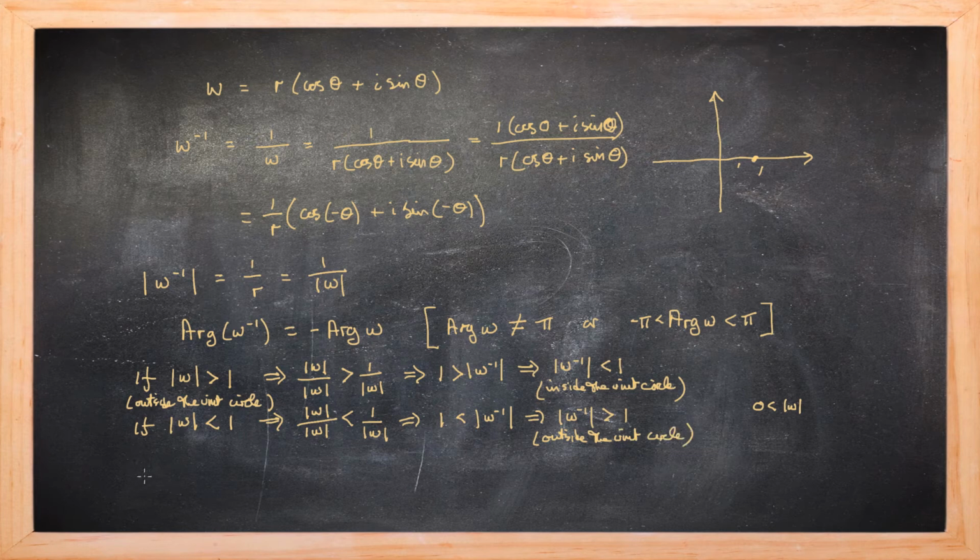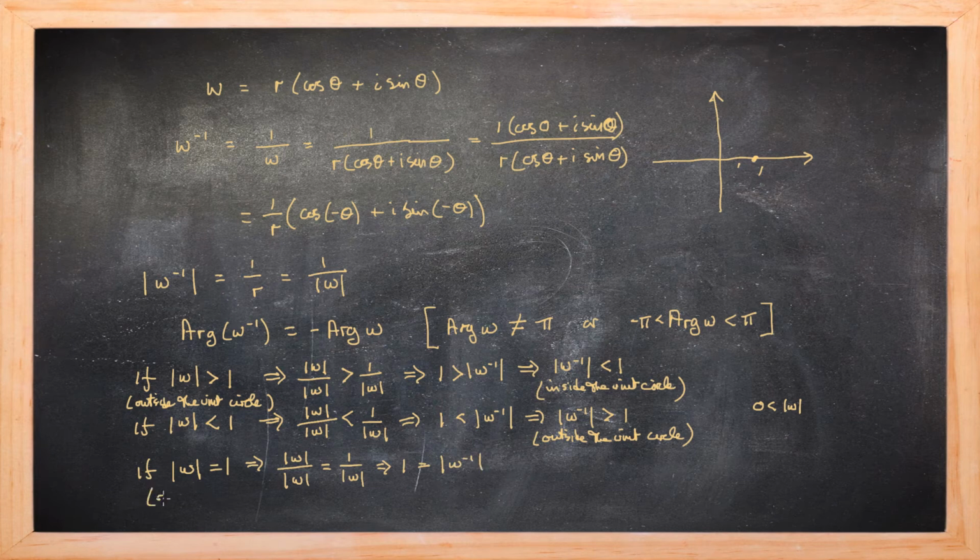And now obviously the third one is if the modulus of w is equal to 1, and therefore again we can divide both sides of that equation by the modulus of w, and we get 1 is equal to the modulus of w to the minus 1.